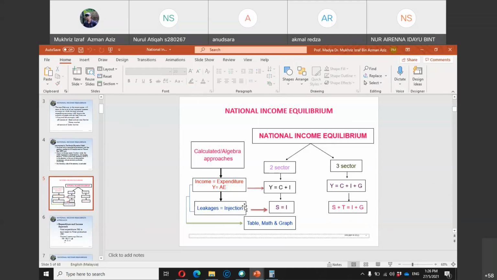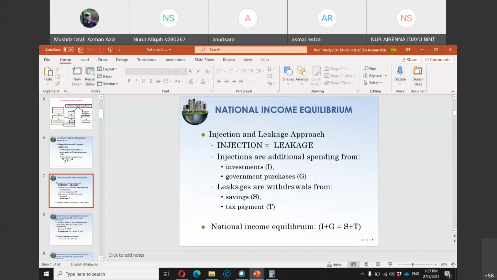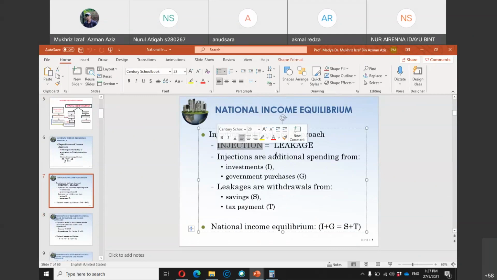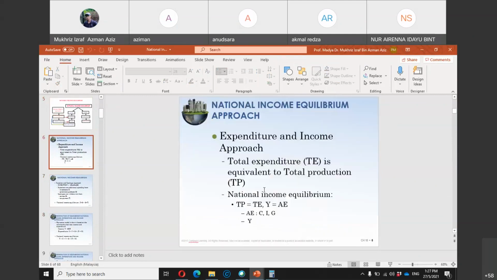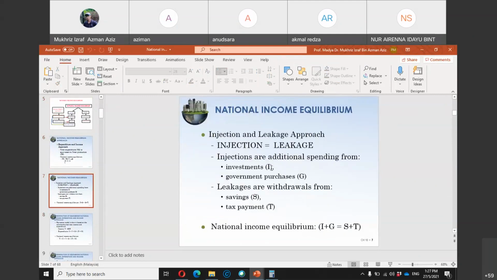Here I will briefly introduce the concept of leakages versus injections. What is leakage? What is injection? Injection means money going into the economy. Leakage is money going out from the economy. From the equilibrium approach, you can see the components of injections are I and G, money going in.